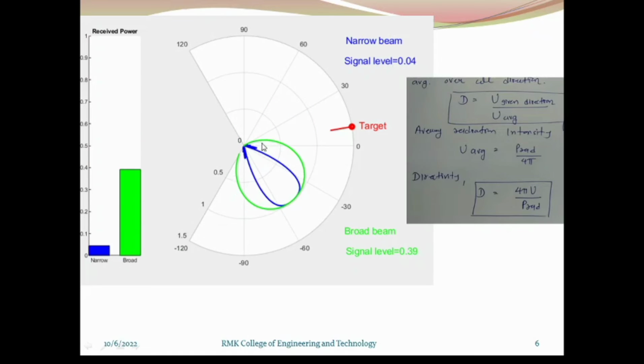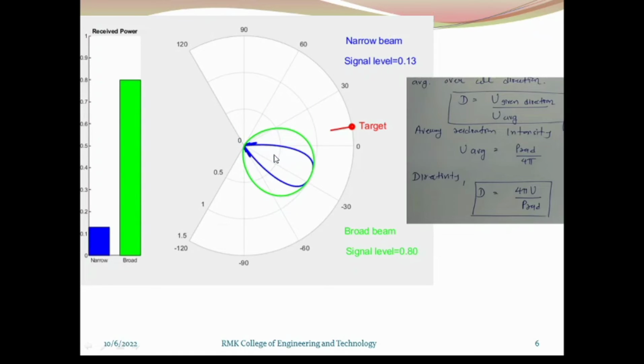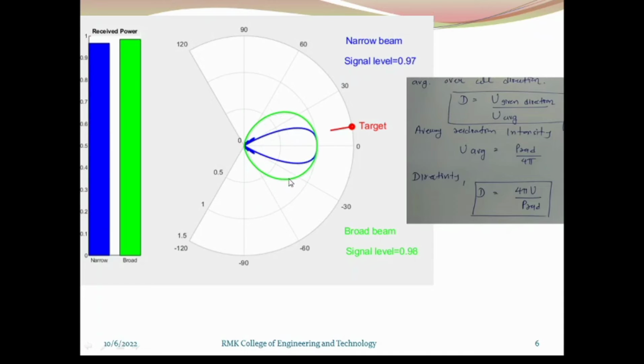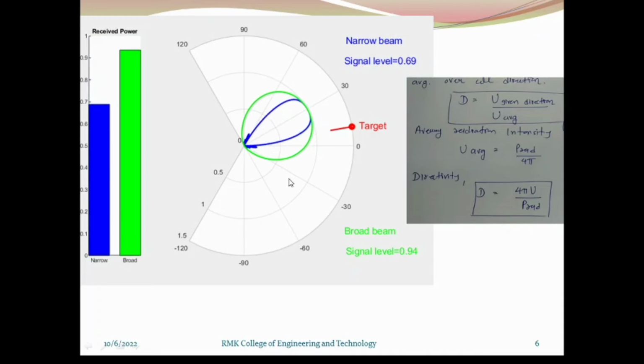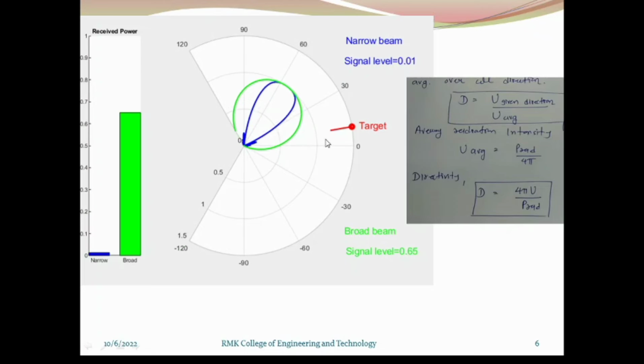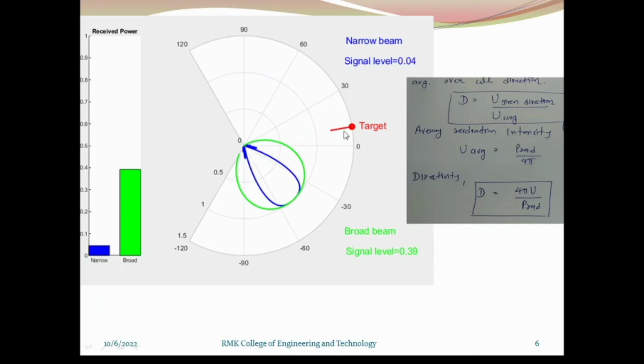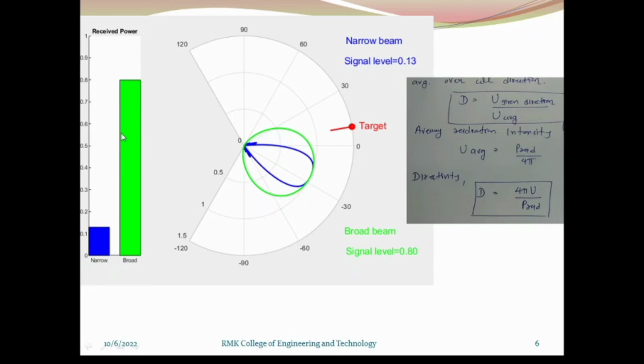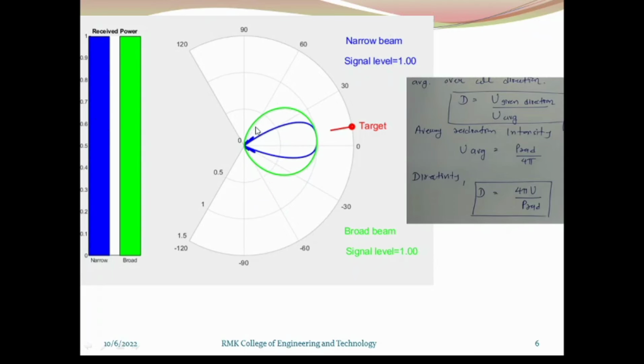The blue color beam concentrates power in a narrow region, where the beam width is very small compared with the green. So due to the wide beam width of the green, it will easily detect the target. So target detection is located over in this graph. So that is the difference.